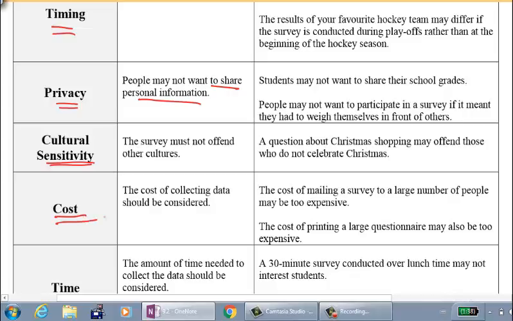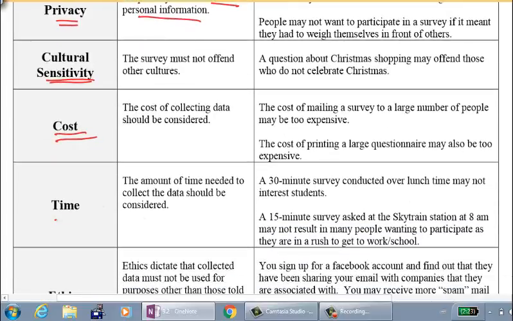Cost. You can't spend that much money on the survey because you might want to survey a lot of people because you think that's the best way of getting the most accurate data, but you also don't want to spend money doing so. How about time? Same idea. You might want to survey a lot of people, but you don't want to spend that much time on it because people may not want to do your survey for you.